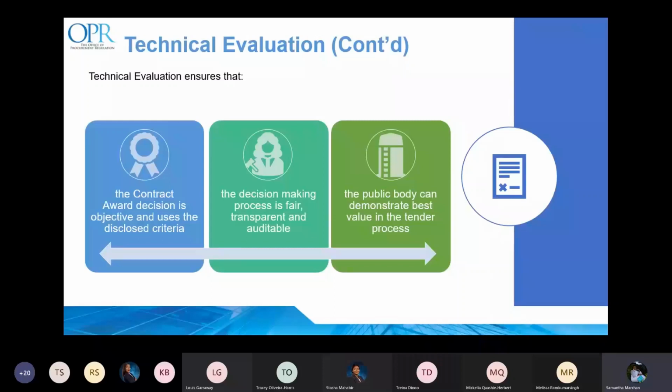The decision-making process must be fair. We must verify that there is no conflict of interest and ensure the confidentiality of the process is maintained. The process must be transparent and auditable, and we must demonstrate that value for money is being achieved.